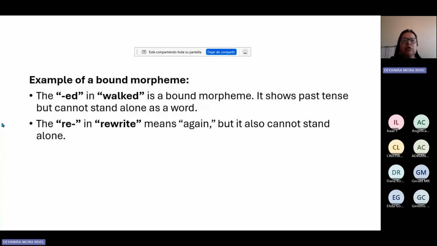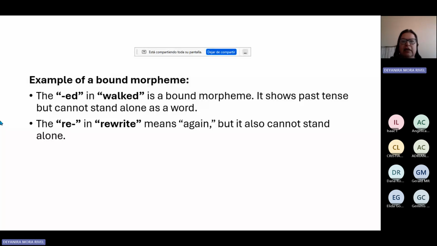Some more examples. So in the case of the word walked, I can divide it into two morphemes. Walk, and it's free, right? And then the ed is going to indicate past tense, but it cannot be alone.